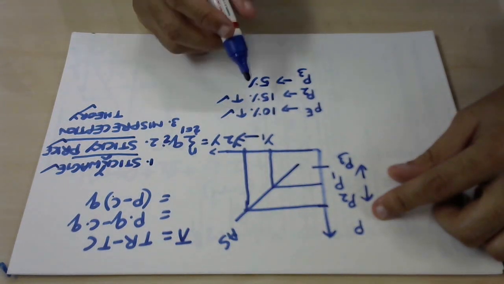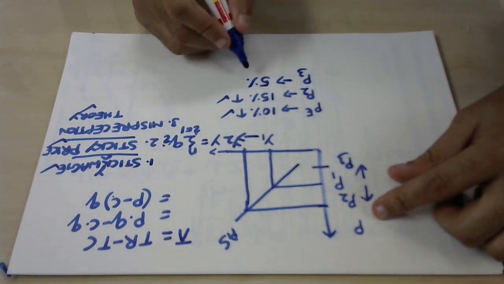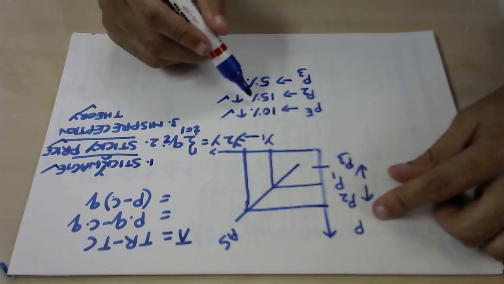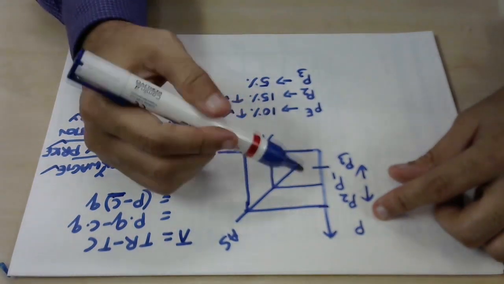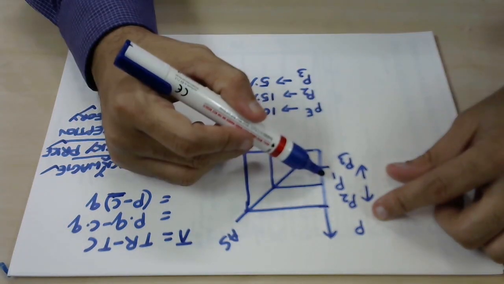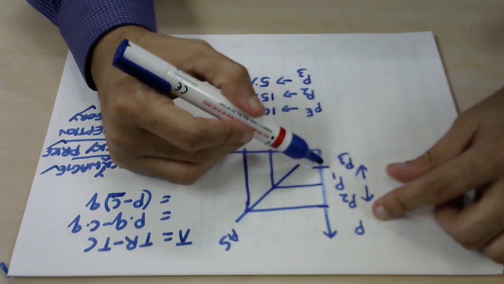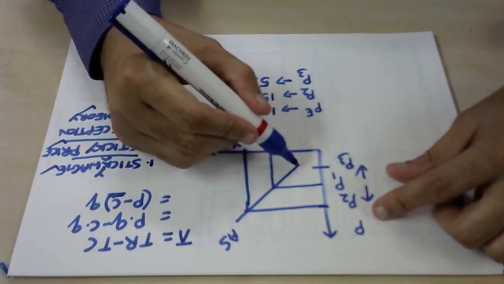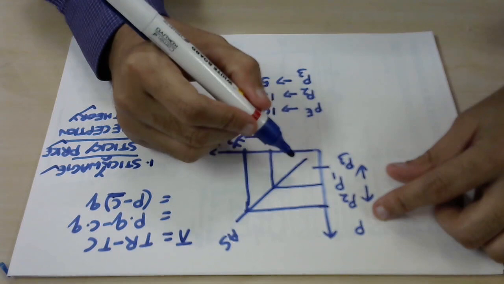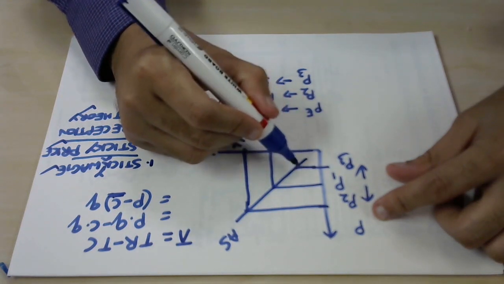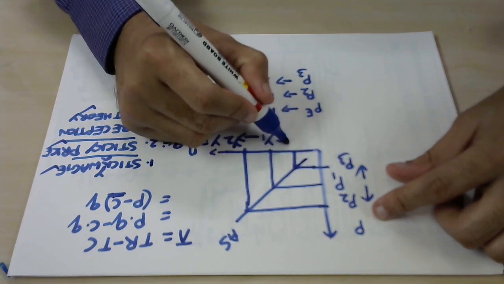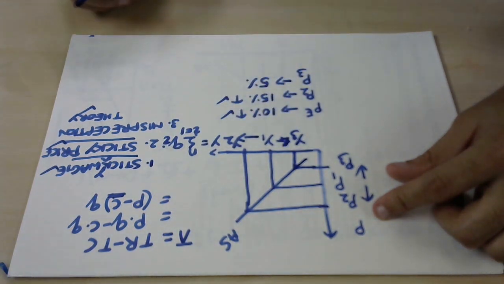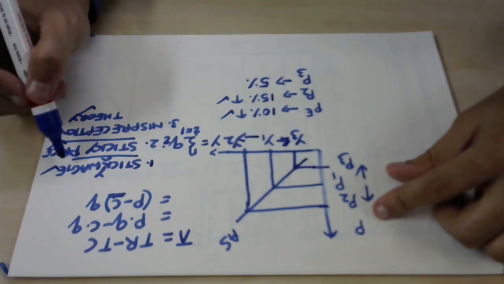If actual inflation turns out to be 5%, then what would be the response of firms? When actual price level is below the expected price level, it is profitable for firms to cut back production, maybe from Y1 to Y3. Okay, so that is the sticky wage theory.